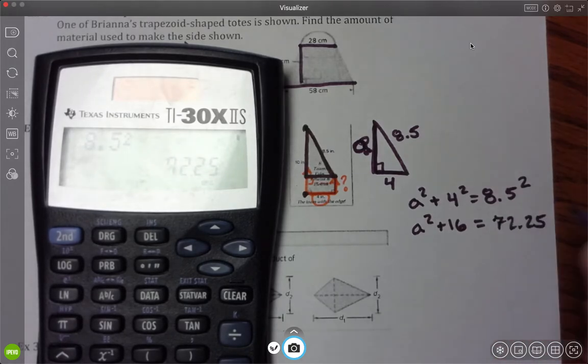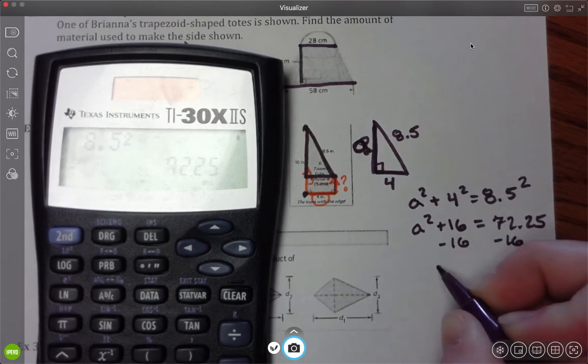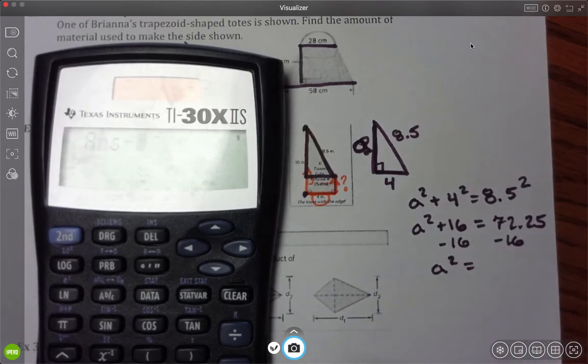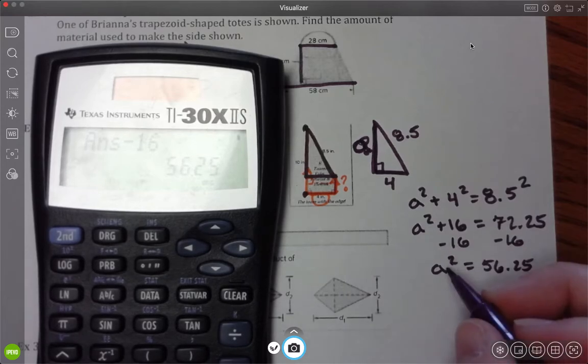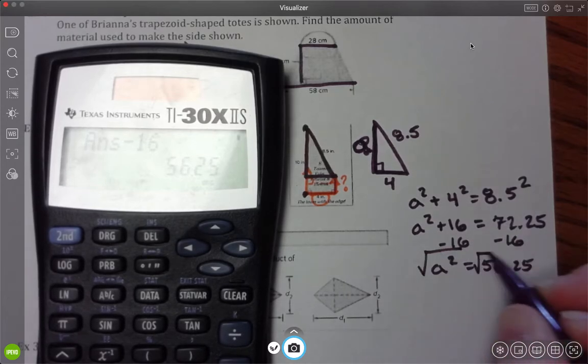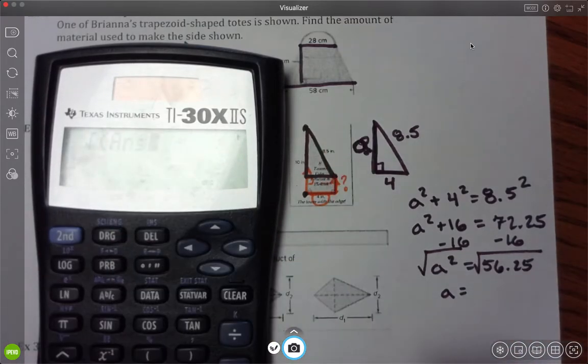Then I want to solve for A, so I'm going to subtract the 16 over. A squared equals 72.25 minus 16, which is 56.25, and then to get A by itself, I take the square root. So A is going to be the square root of that answer, which is 7.5.